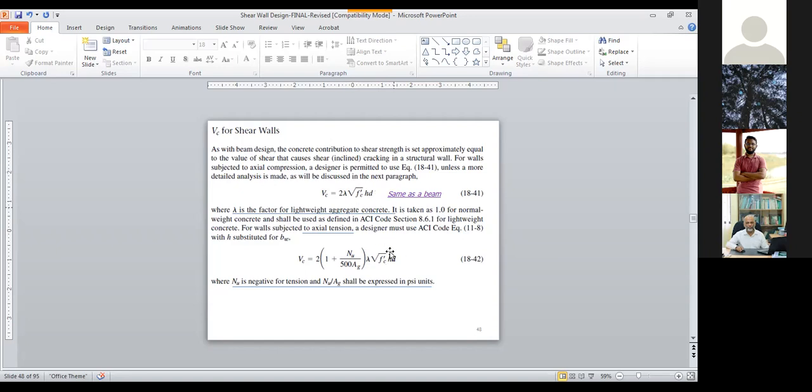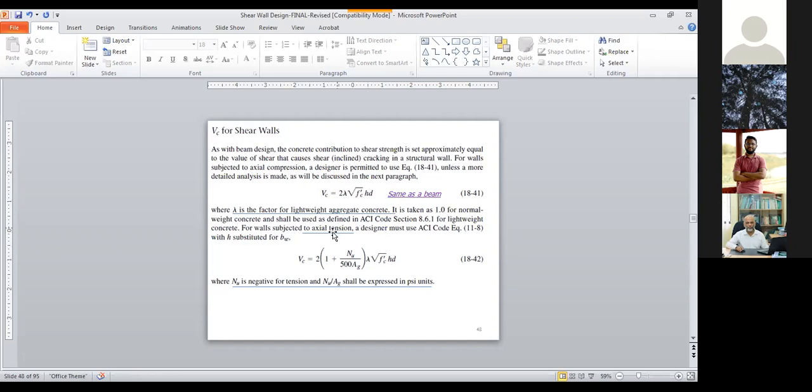Phi is not here, phi will be used later, so phi will also be here. And square root of f prime c, h is the thickness of the wall, and d is the effective depth of the wall. So you can calculate how much shear force can be taken by the concrete. We can easily calculate. This is the same as for a beam, if you recall.